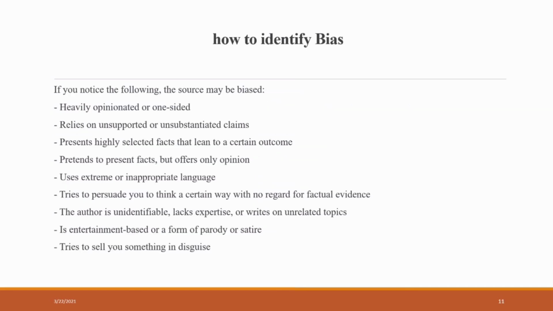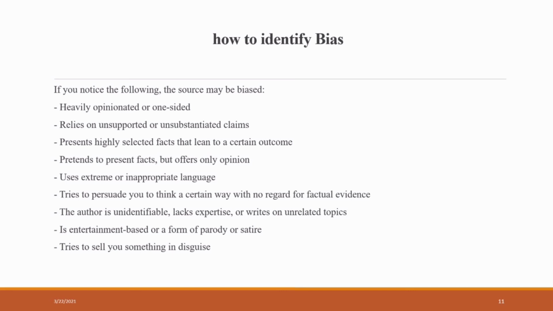How to identify bias? If you notice the following, the source may be biased: heavily opinionated or one-sided, relies on unsupported claims, presents highly selected facts that lean to a certain outcome, pretends to present fact but offers only opinion, uses extreme or inappropriate language, tries to persuade you to think a certain way with no regard for factual evidence.